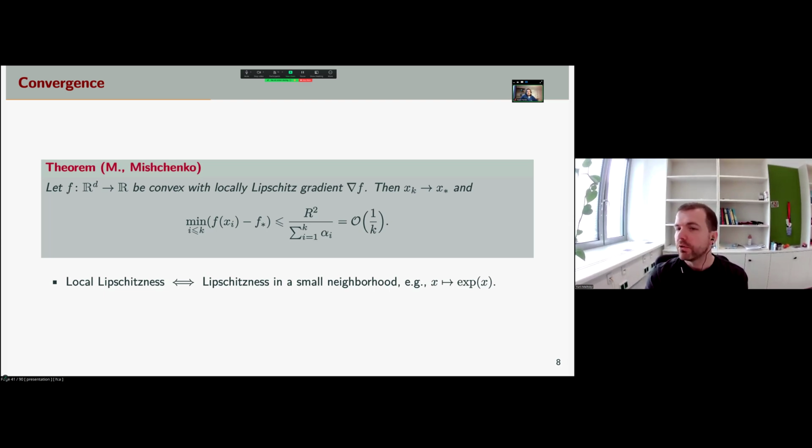And you have this rate, 1/k, which may look a bit disappointing. After all, this 1/k is exactly what gradient descent had, so it's like we wanted something different. But on the other hand, this is exactly what you should get, because for your function f, maybe your curvature, the Lipschitz constant, doesn't change much.